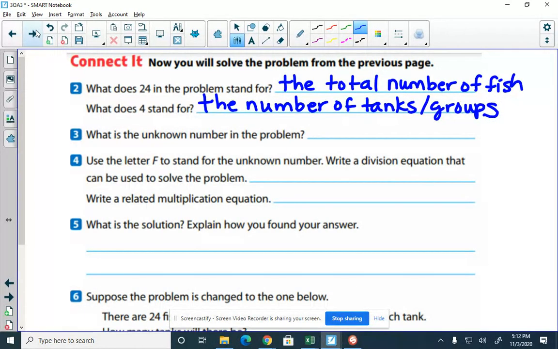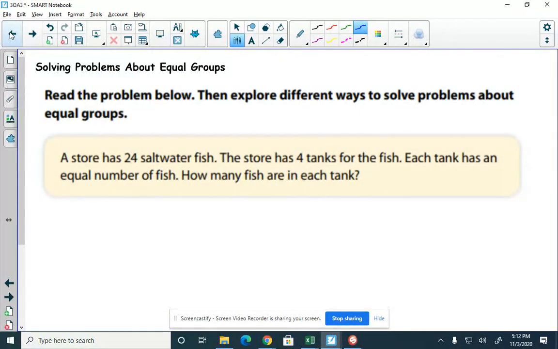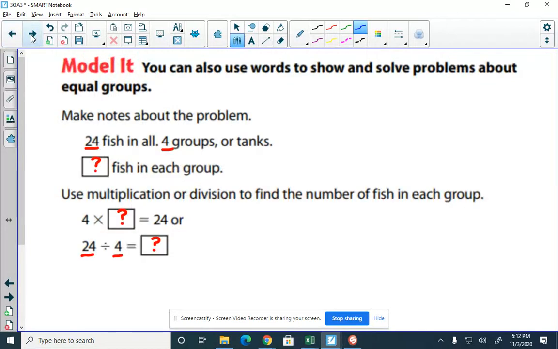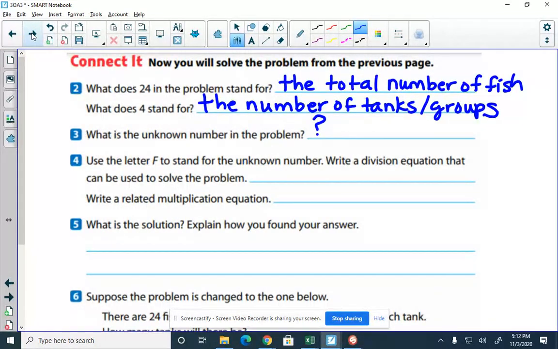The unknown number in the problem, that's the one we're putting the question mark for, and we were asked a couple slides ago, how many fish are in each tank? That's what we don't have. That's the missing piece to the puzzle, the part we don't have given to us in the word problem.